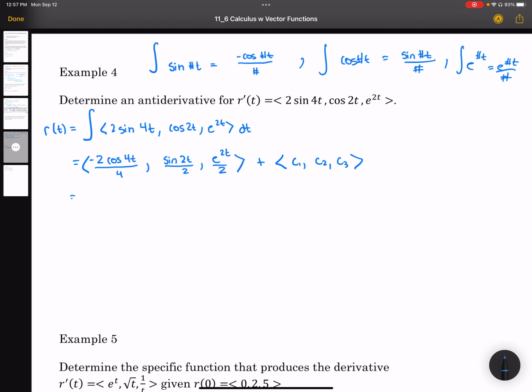Obviously we can simplify and put this in a single vector. So we get negative cosine 4t over 2 plus C1, sine 2t over 2 plus C2, and e to the 2t over 2 plus C3. And that is our antiderivative. Again, it's not unique because we don't have any initial value conditions.